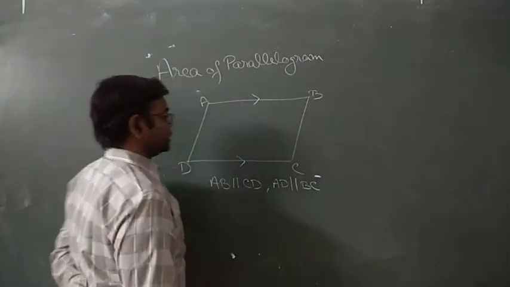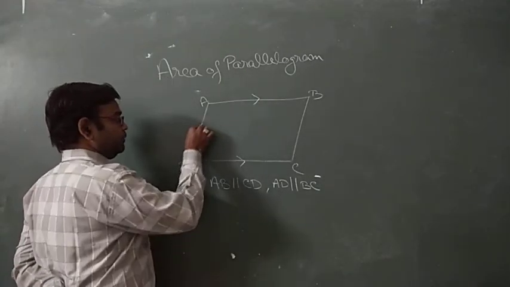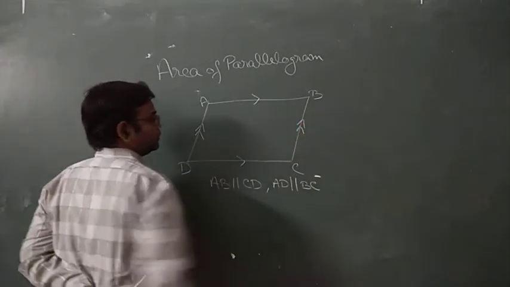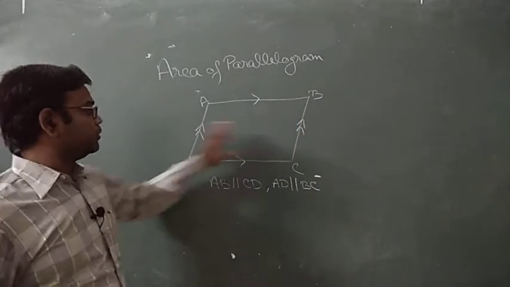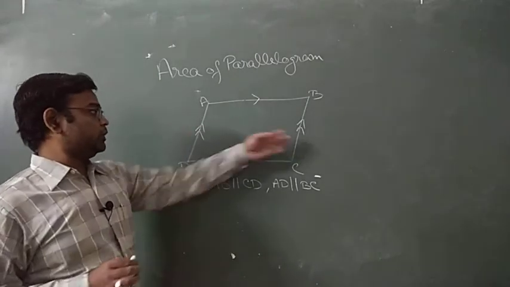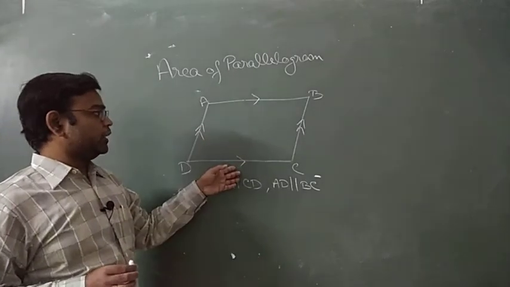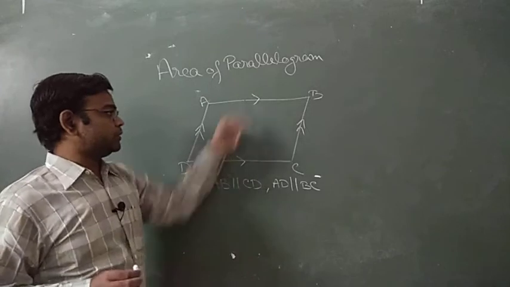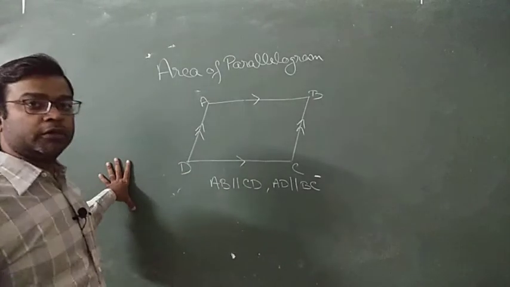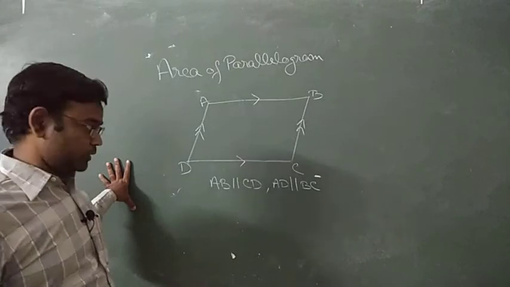So in this case, this figure ABCD is a parallelogram. Needless to say, all the opposite sides are equal. Clear? Because these two and these two are parallel, automatically these two sides and these two sides are equal to each other. So this is your parallelogram's definition.